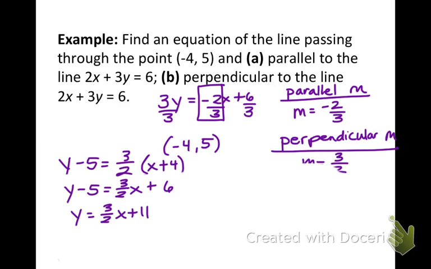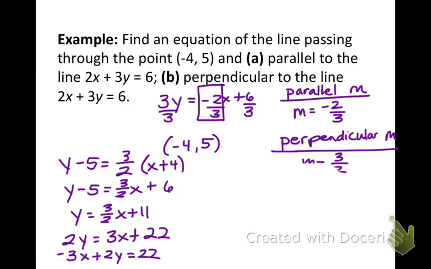Not necessarily, it doesn't matter. If you do that, yeah, you could multiply everything by 2. Then you would have 2y equals 3x plus 22. And then you would move it over and have -3x plus 2y equals 22.